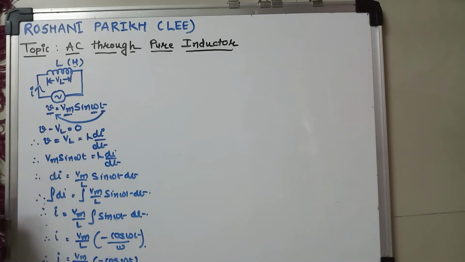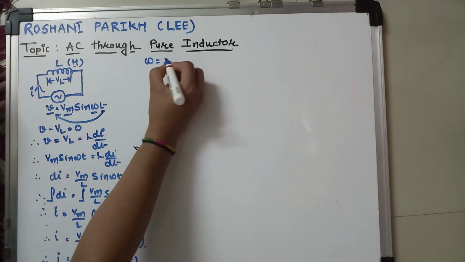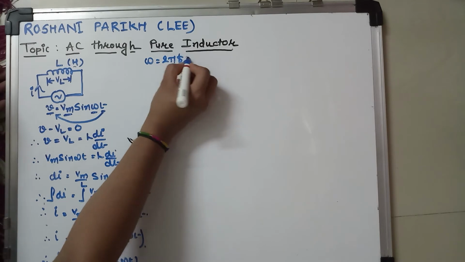Now what is minus cos omega t? Minus cos omega t you can write in the form of a sine, that is sin omega t minus pi by 2. Sin omega t minus pi by 2 is the minus cos omega t. Now omega L, see here, omega is the angular frequency, which you can write as 2 pi f.